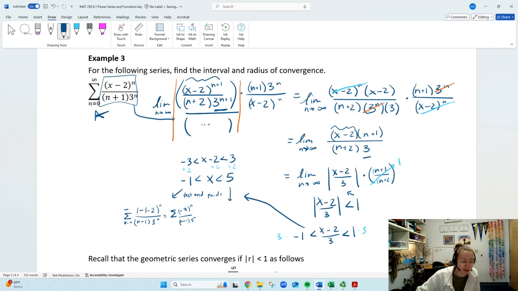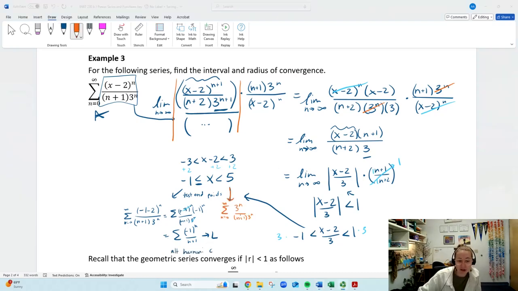I can separate this negative from the 3, so I can write it as a negative 1 to the n power, and now these values will cancel out and we'll see something that we should be able to recognize as a series that for sure is going to converge, because even though it's harmonic, it's an alternating harmonic, so that's going to converge to something. So I can include negative 1 as an endpoint because I know that this converges.